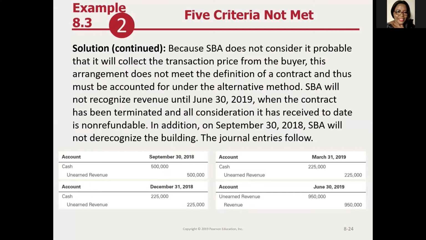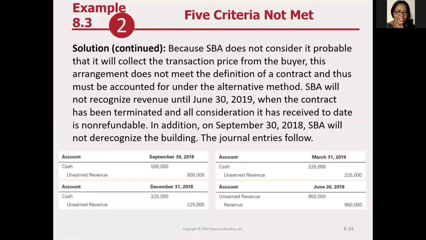SBA will not recognize revenue until June 30th, 2019, when the contract has been terminated and all consideration it has received to date is non-refundable. In addition, on September 30th, 2018, SBA will not de-recognize the building.